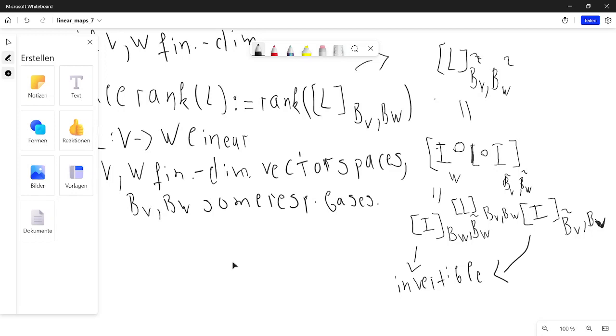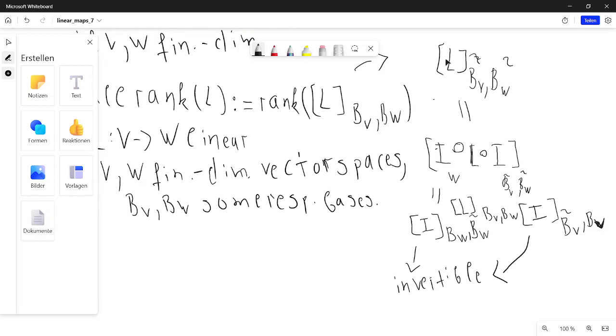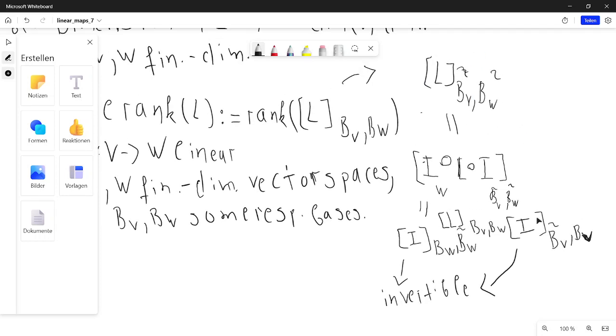Right. I hope you got the argument. If not, think about it a little so that you realize what things I have used here. This is just the identification of matrix multiplication with composition of maps, right?